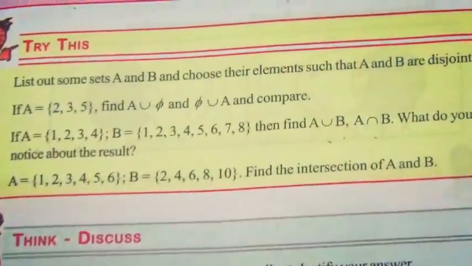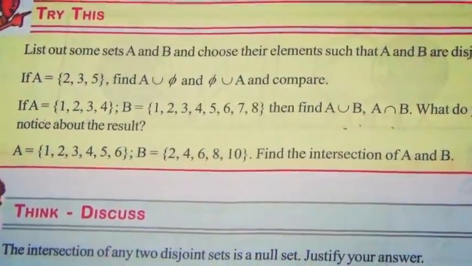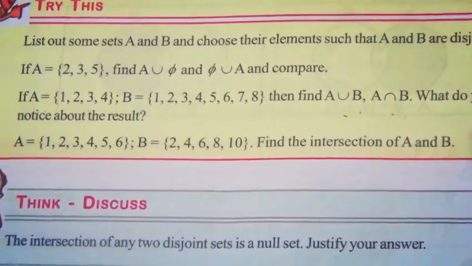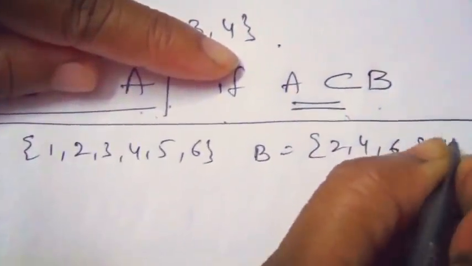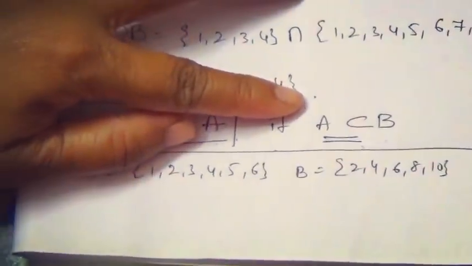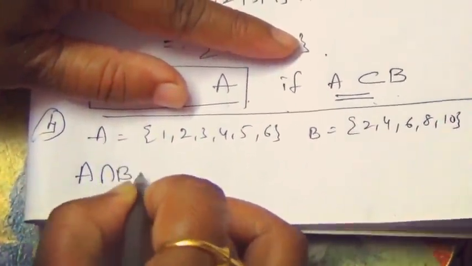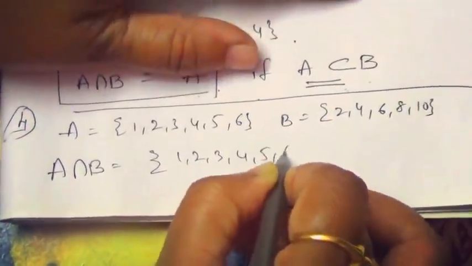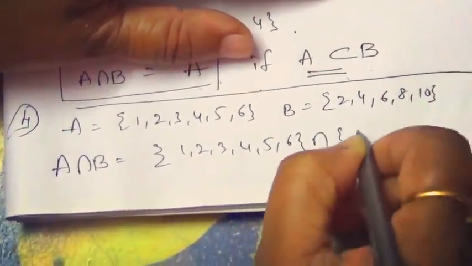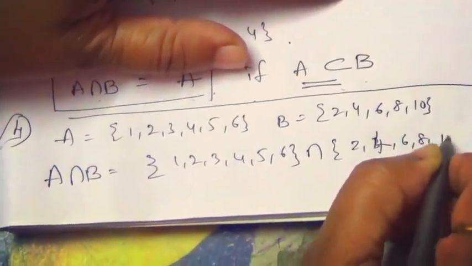Now the fourth sum. A is equal to {1, 2, 3, 4, 5, 6}, and B is equal to {2, 4, 6, 8, 10}. We have to find the intersection of A and B. A is 1, 2, 3, 4, 5, 6, intersection 2, 4, 6, 8, 10.